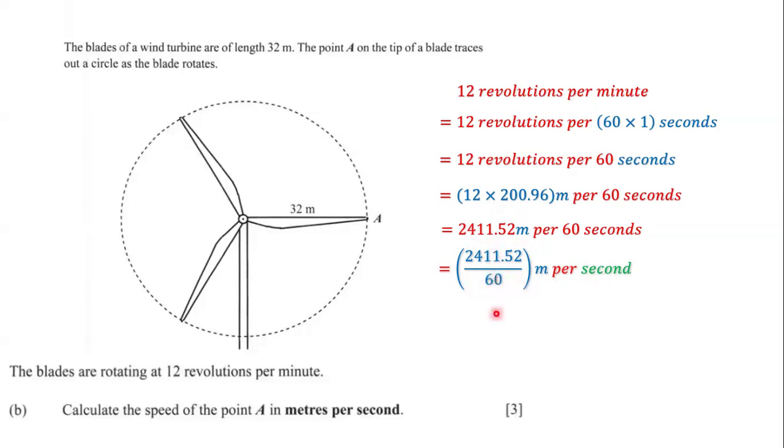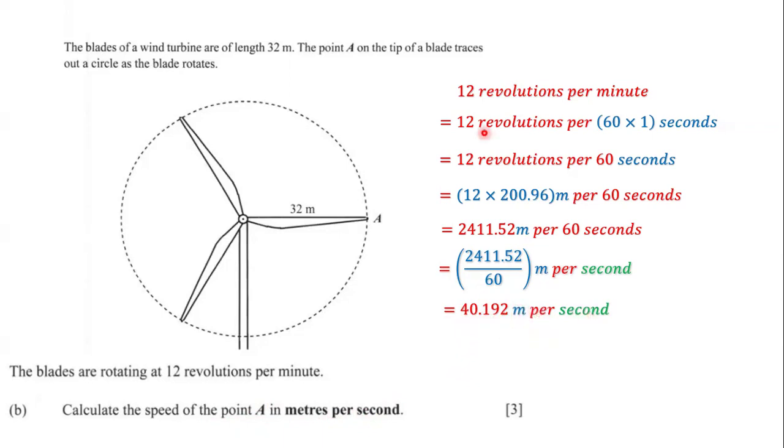And when we divide it, we get 40.192 meters. And so this is the distance that will be covered every second. And so that means that the speed of the point A in meters per second is 40.192 meters per second.